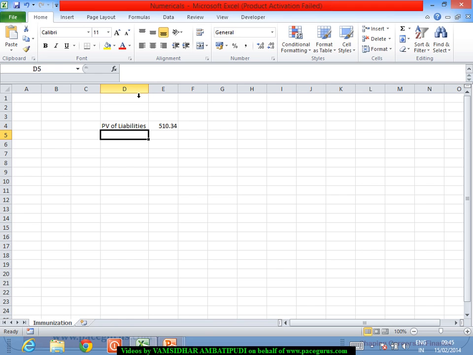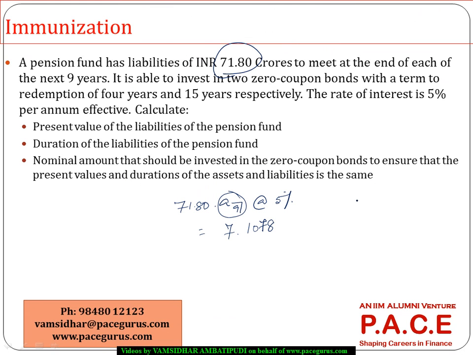So the present value of the liabilities overall is 510.34 crores. That is the present value of the liabilities. I have to make sure that the present value of the assets also matches that number, to make sure that my portfolio is immunized towards small changes in the interest rate.